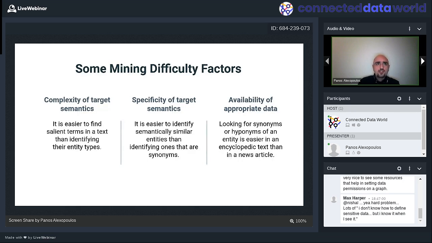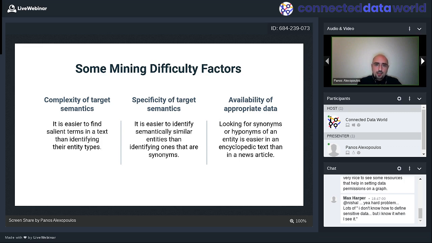Because in the first case, the target entity type encompasses a bigger variety of instances than in the second case, and there's no need in the first case for so many subtle distinctions to be made, right? Because in the end, ultimately, the main difficulty in building NLP systems is to discover subtleties and nuance in meaning in texts.